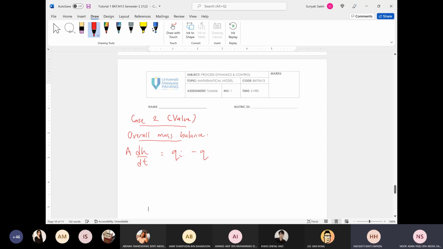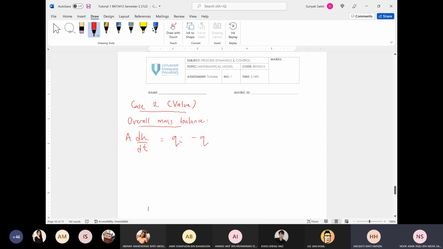Only in this case, the valve has the following relationship: Q equal to H over R. This is the standard relationship for the valve. Whenever you have a valve, you can use this standard linear relationship.